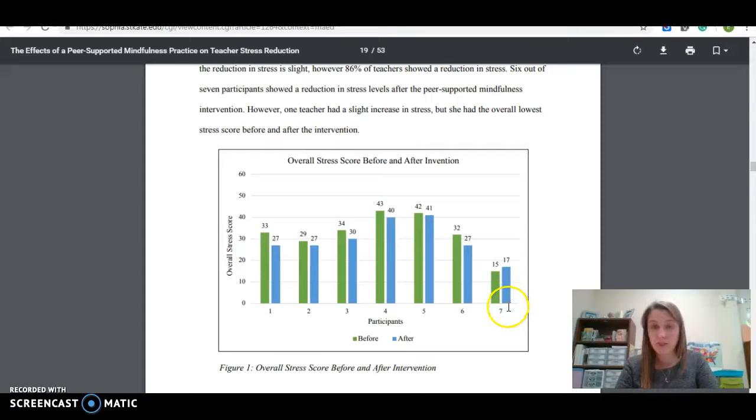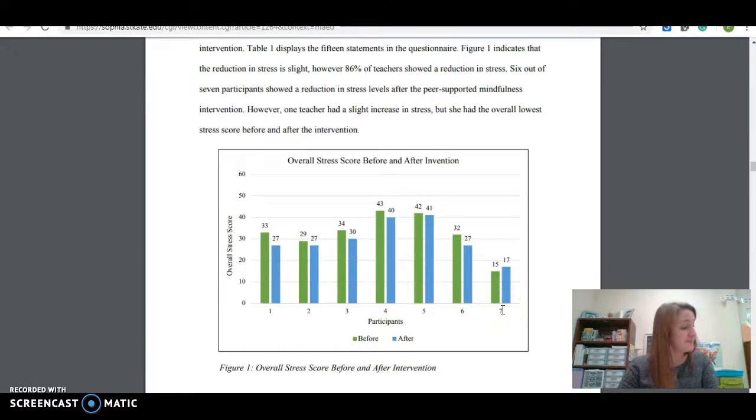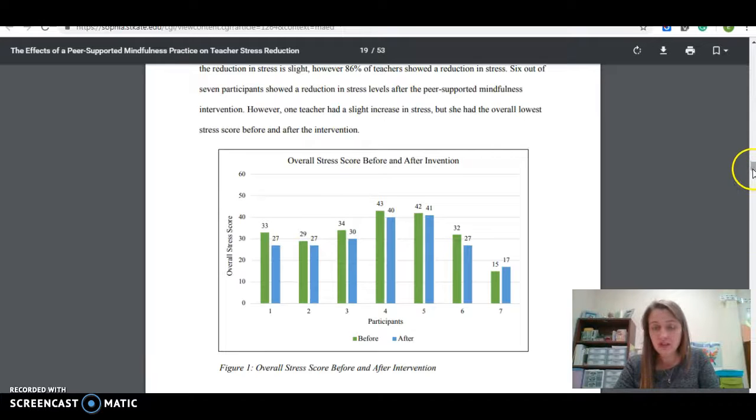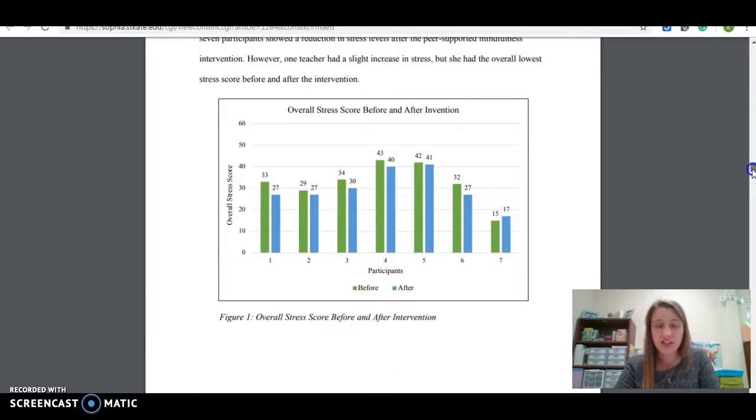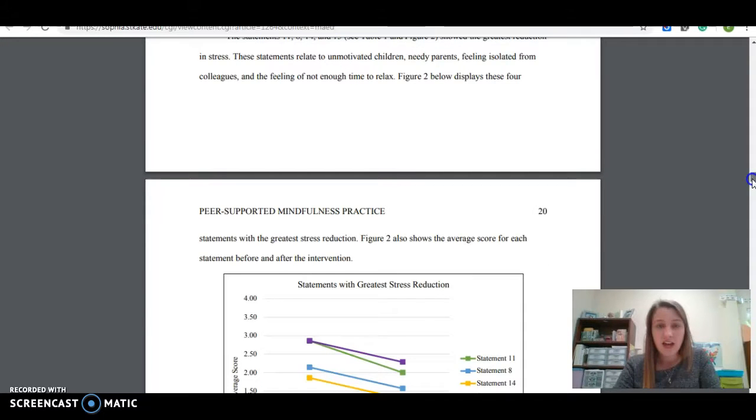She only had 7 participants, so that's why I would use a t-test paired difference over the z-test, because of the small population that is being looked at here. And so from that, it's hard to tell just from this table if her data was actually considered statistically significant.